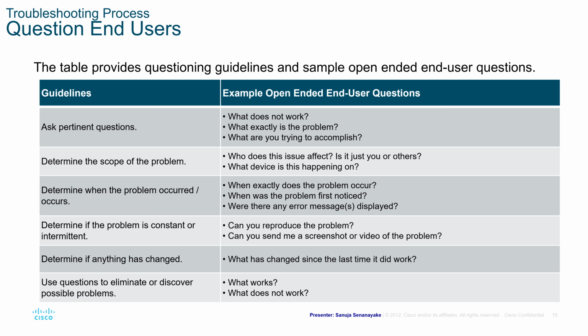Use questions to eliminate or discover possible problems. We can ask open-ended questions like, what works and what does not work? Say the user says, if I send 3 print requests in a row, only 1 gets printed. But if I send 1 and wait a couple of minutes and send the next print request, both get printed.